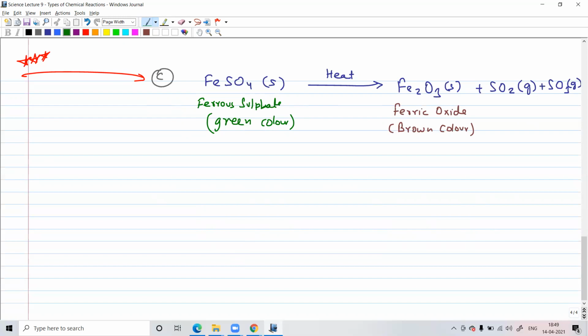You just have to put a 2 over here. Now it's balanced. 2 atoms of iron on both sides, 2 atoms of sulfur, and 8 atoms of oxygen. 3 plus 2 plus 3. Okay, now it's balanced.